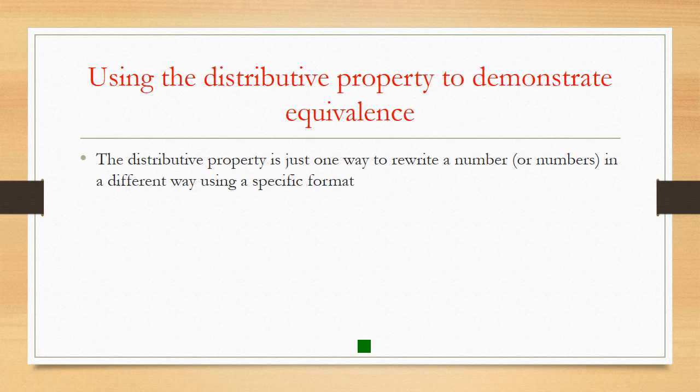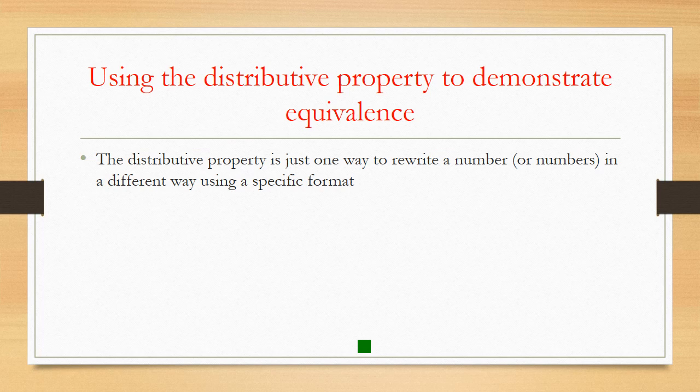If we want to use the distributive property to write an equivalent number, so to write a number in an equivalent way using operations, the distributive property has a specific format. The distributive property is one way to rewrite a number, or you can even rewrite several numbers in an equivalent way, but it has a specific format.